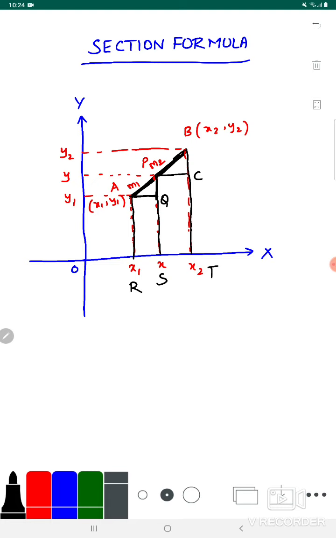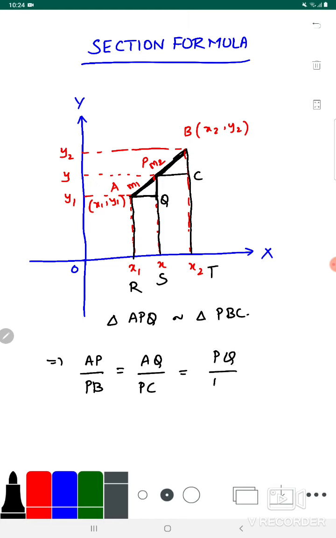Okay. Now, if you observe here, the triangle APQ is similar to that of triangle PBC. Now, can I say that AP by PB is equals to AQ by PC is equals to PQ by BC, right. The corresponding sides are in the same ratio, right.